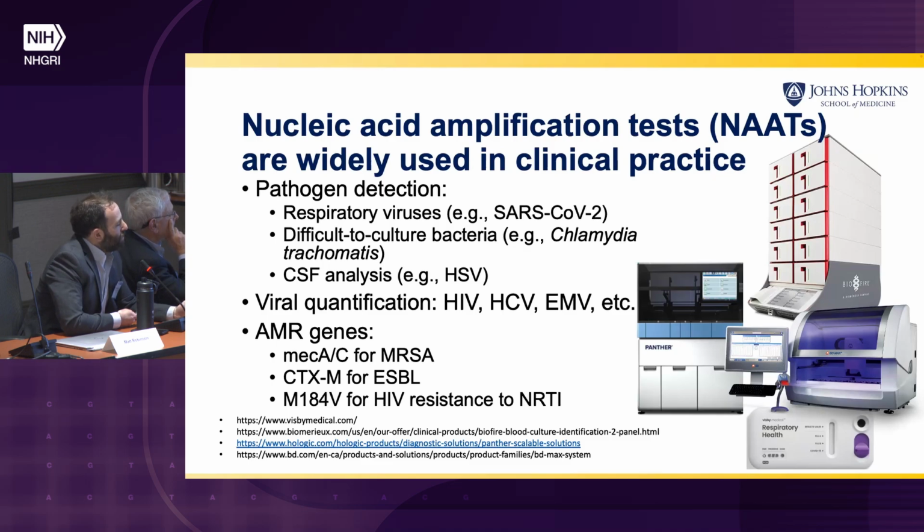We also use them frequently for identifying antimicrobial resistance genes. For example, mecA-C for MRSA in nasal swabs or blood cultures, CTX-M for extended-spectrum beta-lactamase producing Enterobacterales, and in HIV, obviously, we use the genotype to look for resistance.